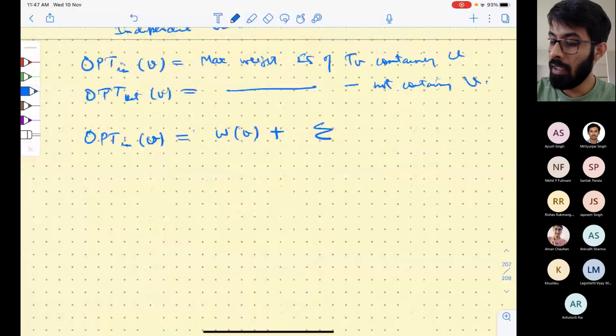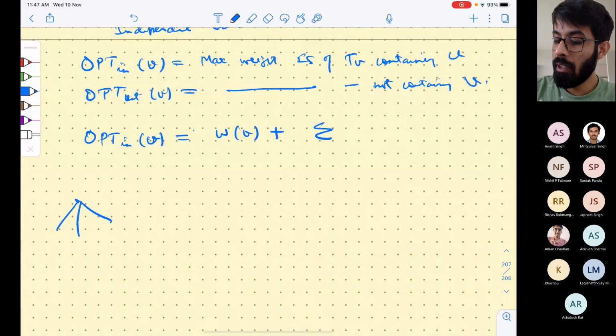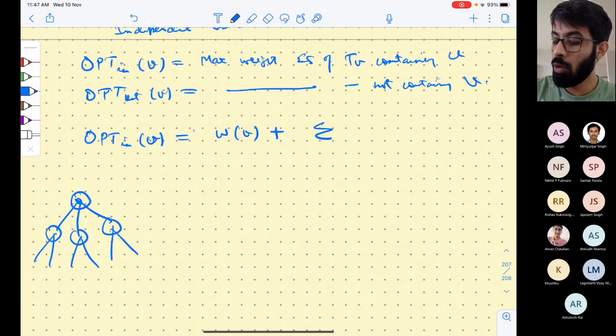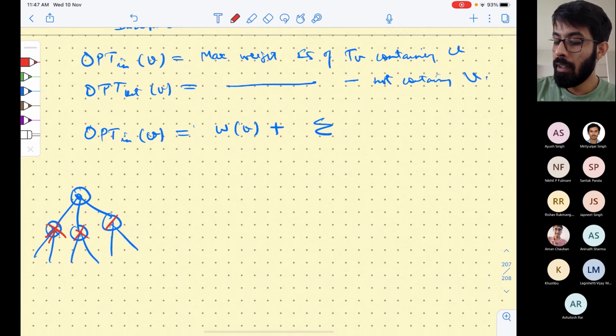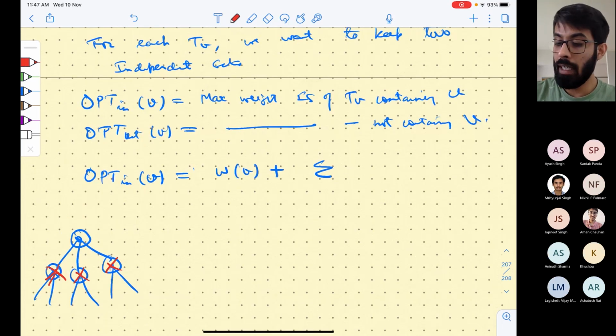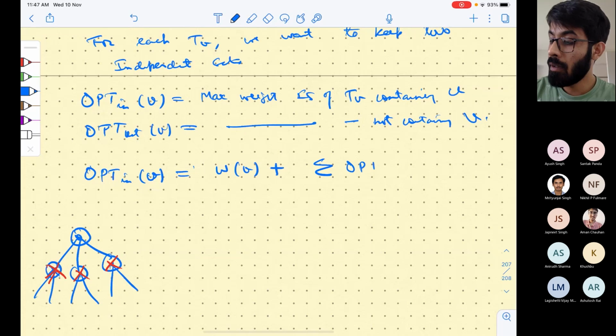So you have this V. Okay, let me draw another figure here. And you want to compute the weight of an independent set that includes this V. So here you cannot have these guys in the independent set. So you sum the out ones, right? U such that U is a child of V.